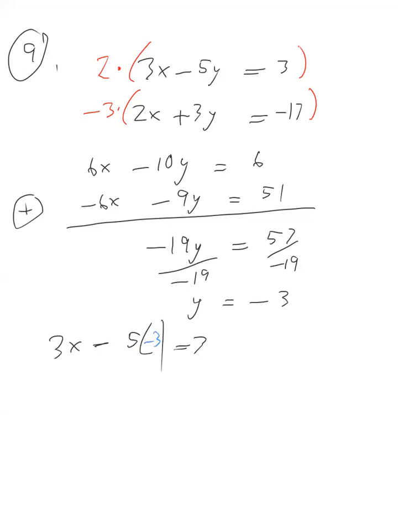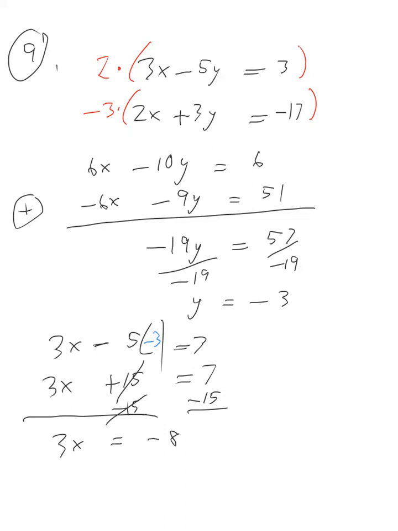And then I'll work that out. So it'd be 3x again, negative 5 times negative 3 is positive 15, equals 7. Subtract the 15 to the other side. So subtract 15, then it's gone from the left side. And on the right side you have 7 minus 15, which is negative 8.